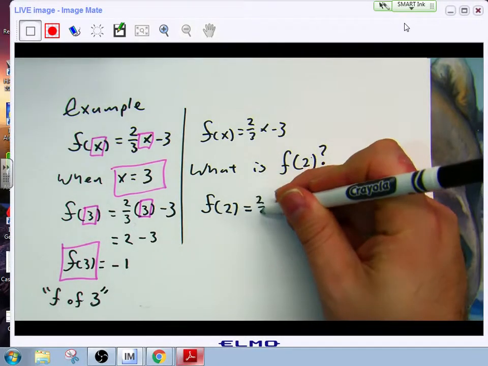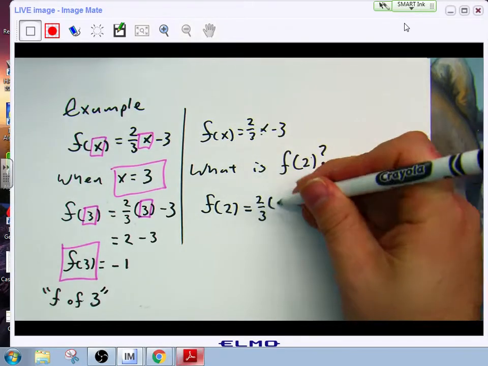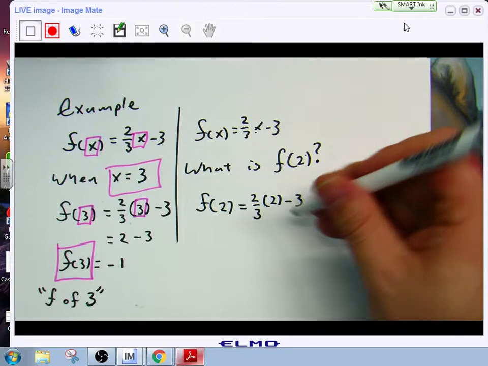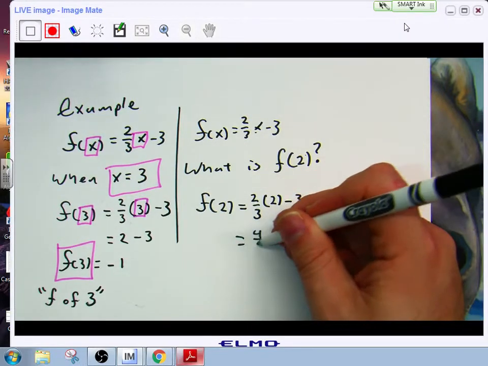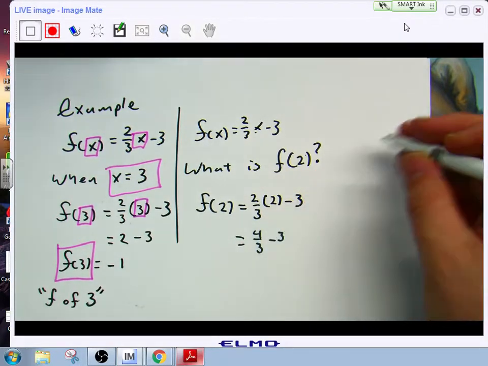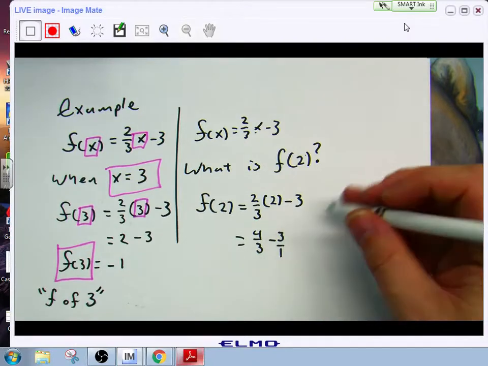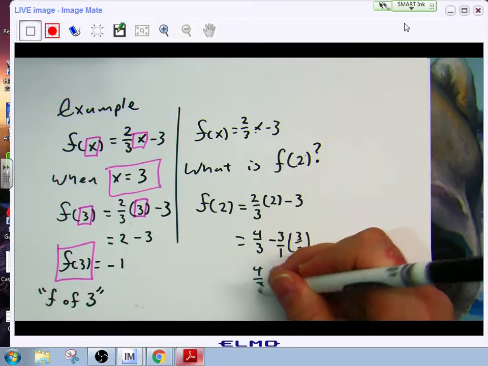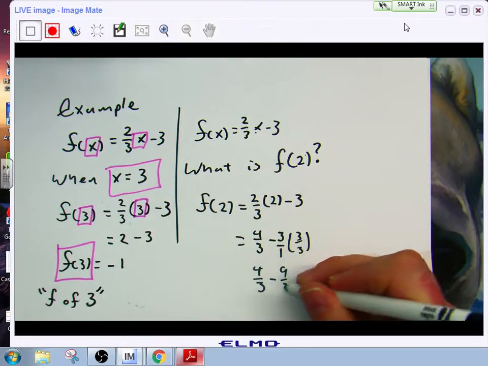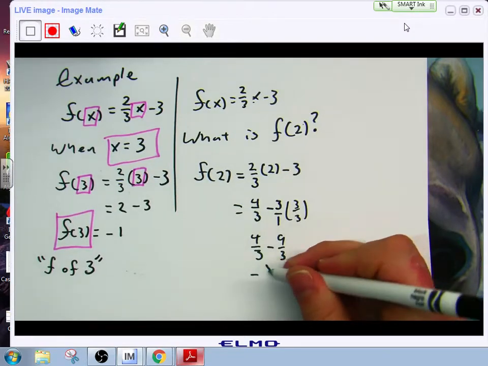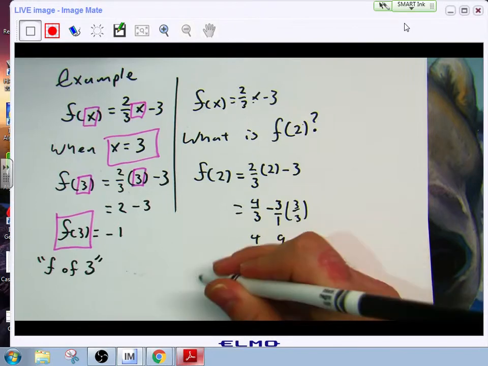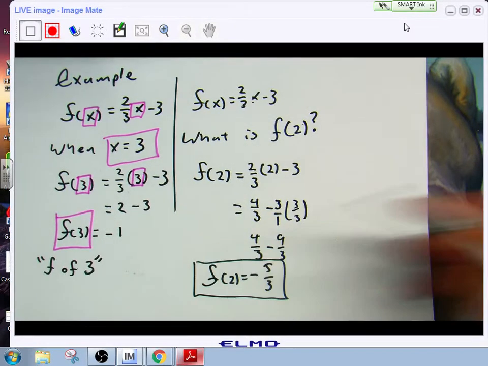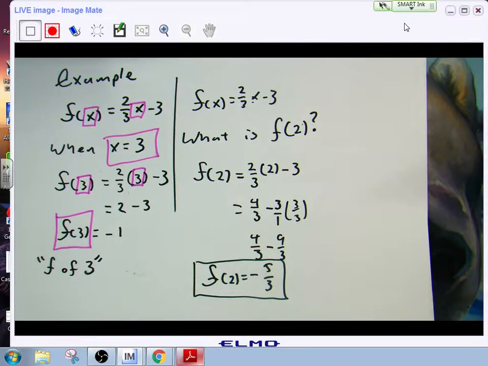So 2/3, well, here's the x, instead I'm going to write 2, minus 3. 2 times 2 is 4/3 minus 3. That's 3 over 1, 3 over 3. So 4/3 minus 9/3 is negative 5/3. So I know that f of 2 is negative 5/3.